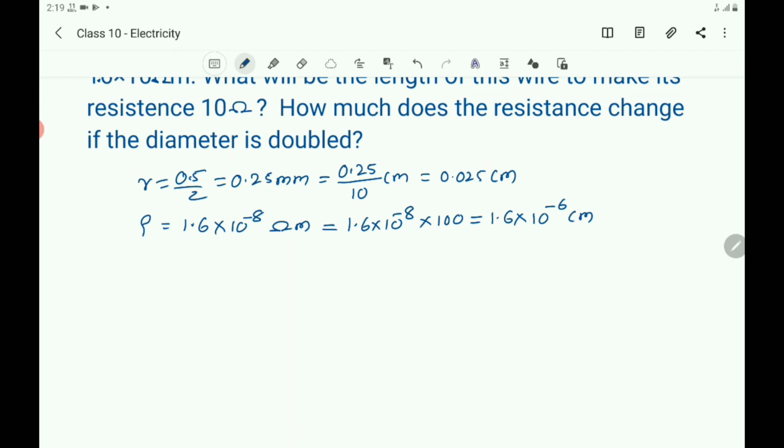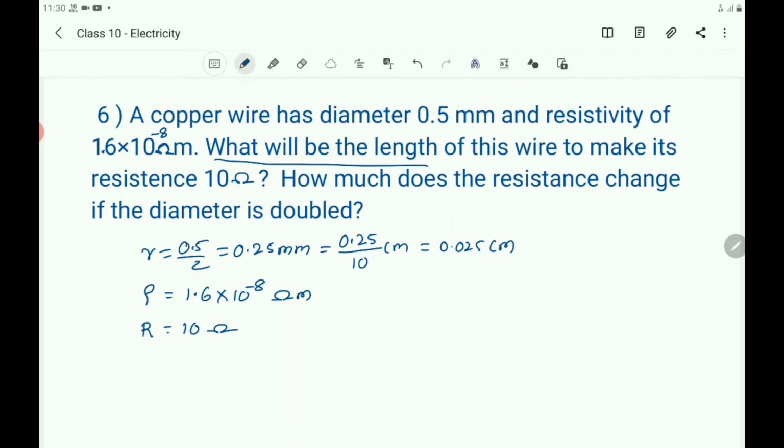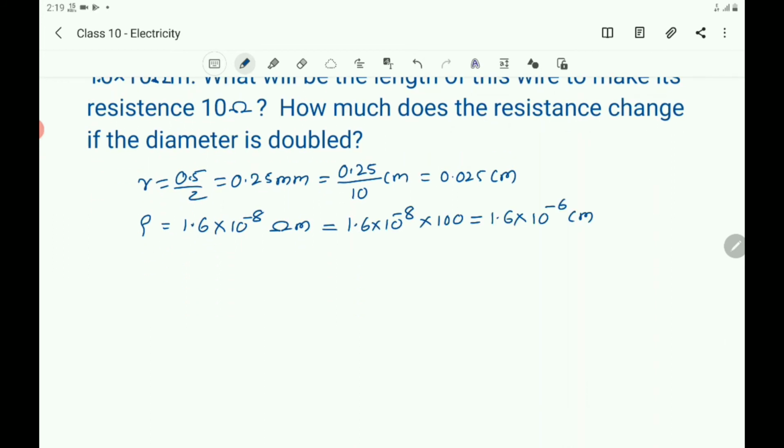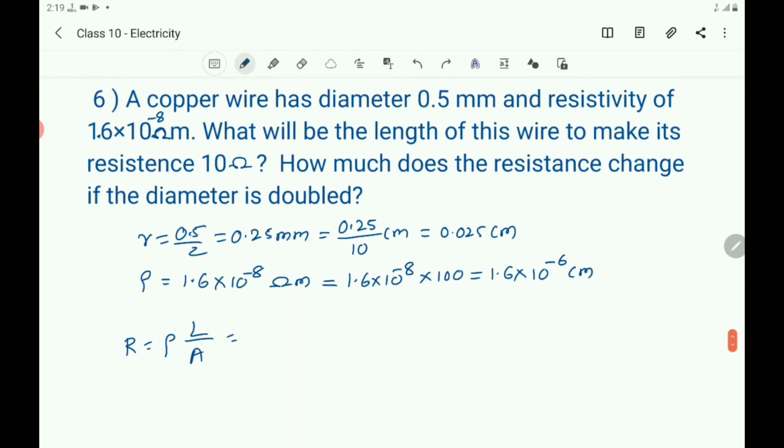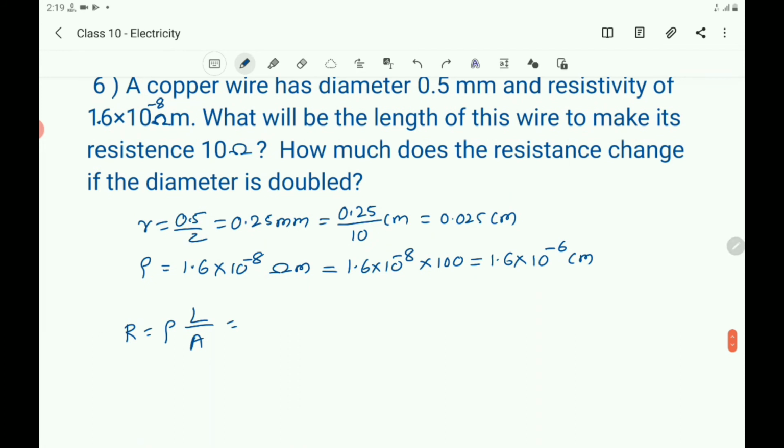And you write the relation among R, L, rho and A. L equals question mark. That is R equals rho into L by A. Here rho is the resistivity, R is the resistance, and L is the length of the conductor or length of the wire, and A is the area of the cross section.